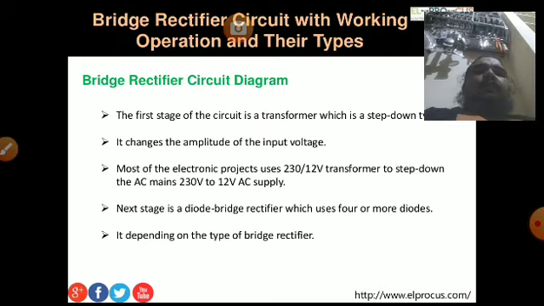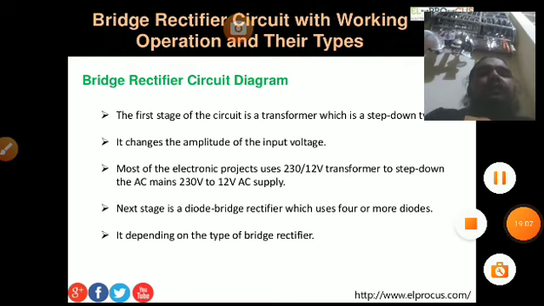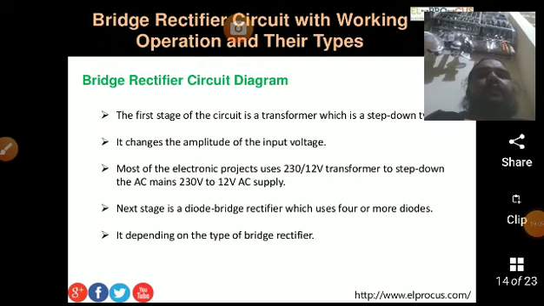Most electronic projects use a 230 to 12 volt transformer to step down the 230 volt AC to a 12 volt AC power supply. The next stage is the diode bridge rectifier, which uses one or more diodes, depending on the type of bridge rectifier.